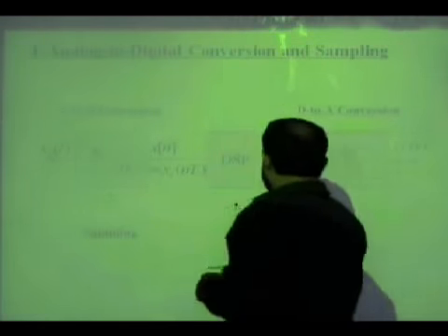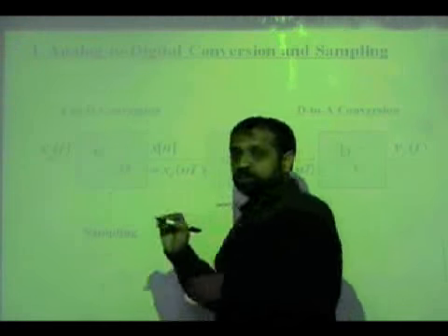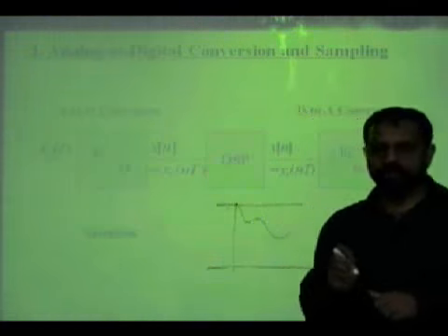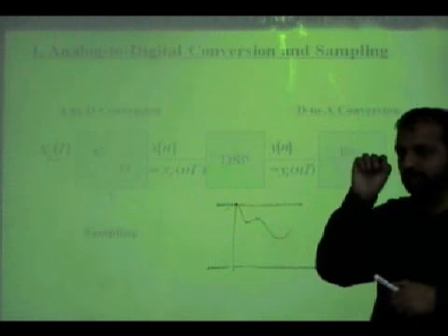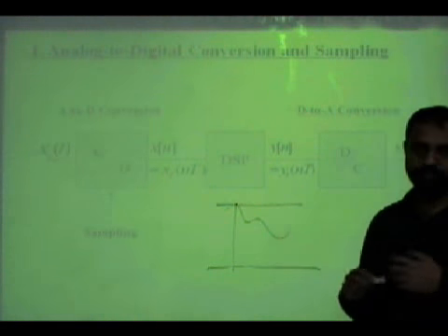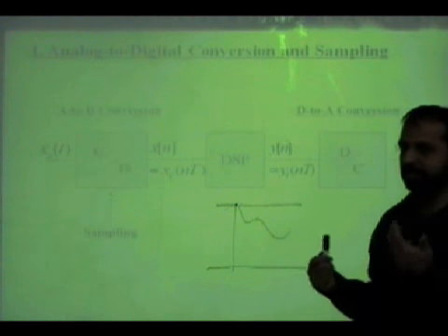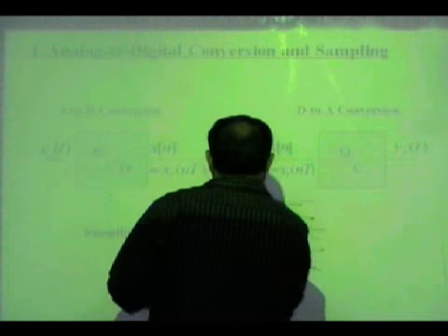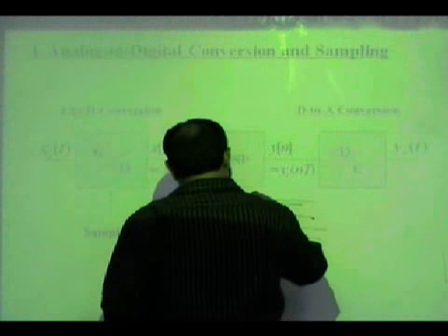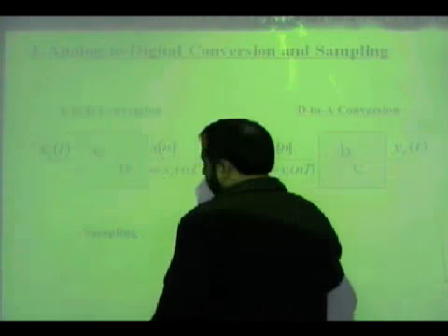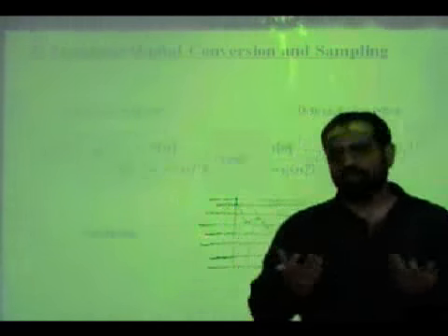Usually, depending upon the resolution of the A to D converter, you may or may not be able to exactly represent this point. Let's say it's a 4-bit A to D converter, so how many levels do you have? 16 levels, and it may not have exactly this value. So then you need to quantize it. You need to either take it to the upper level or the lower level, right?